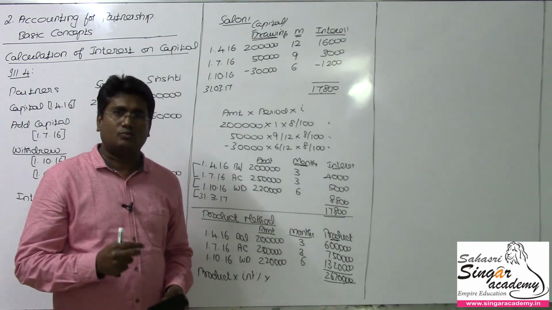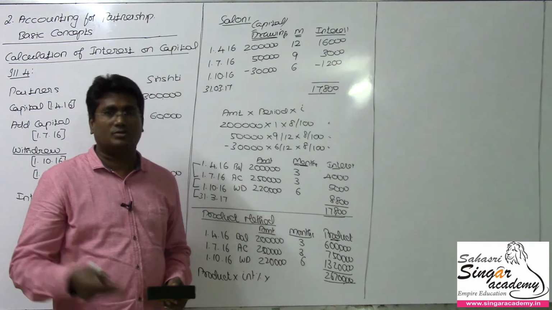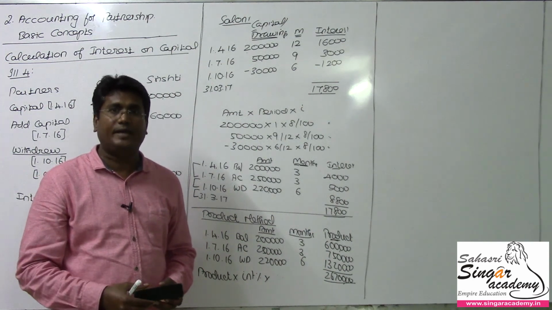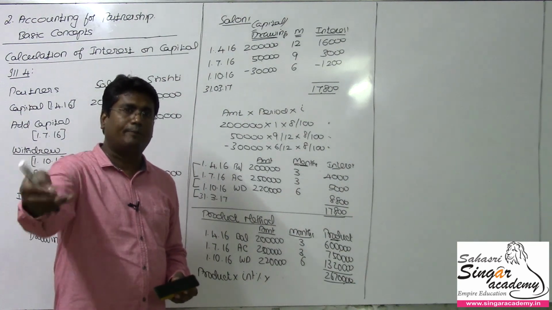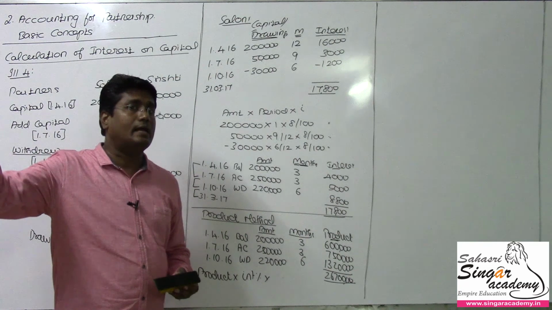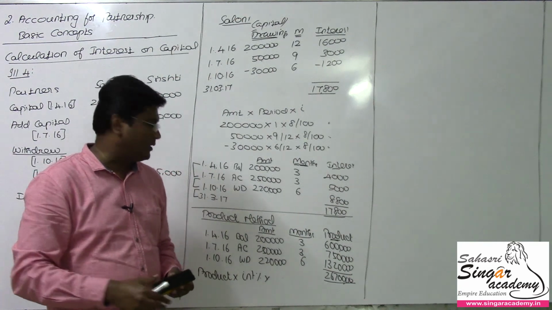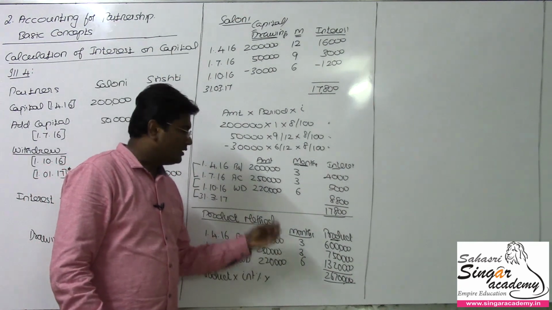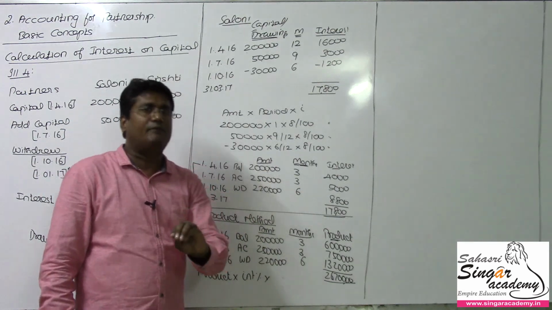In the banks, if you have an SB account, a savings bank account or whatever account you maintain, you deposit and withdraw, so many transactions happen in a year. Then how will they calculate the interest for you? Very simple. The amount you have, for how many days that amount is available in your account.